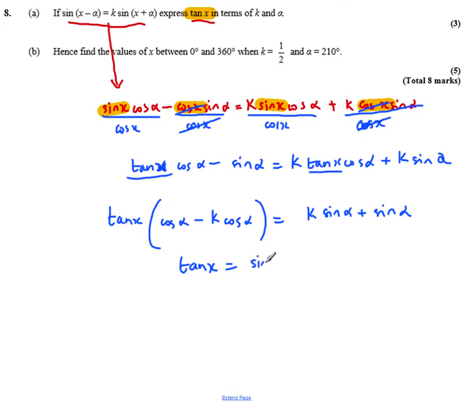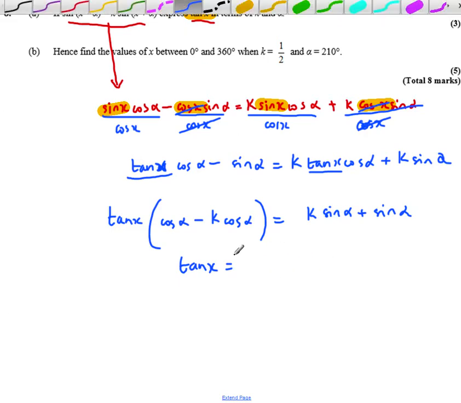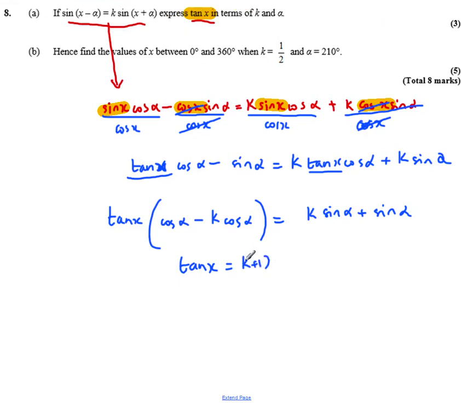I think it's quite nice at this stage to factorise out the k plus 1, and if we do that, we are going to write that as k plus 1 lots of sine alpha over 1 minus k lots of cos alpha. Hence find the values of x between 0 and 360 when k is a half and alpha is equal to 210.